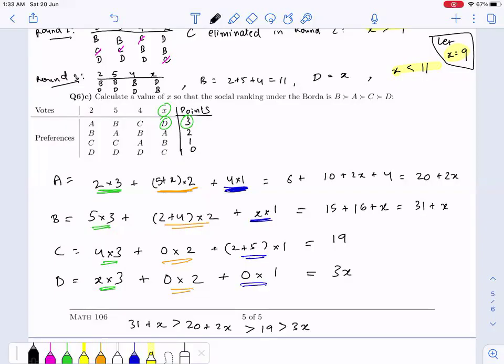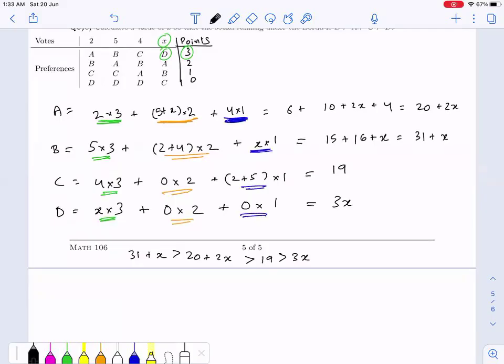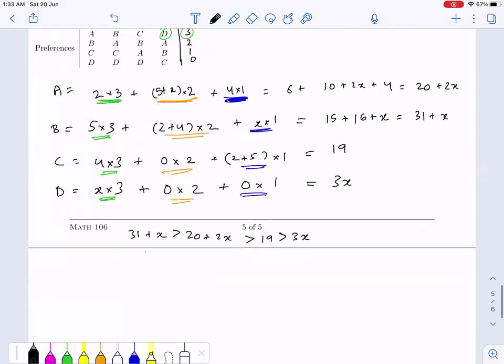Okay. So let's solve these inequalities. Sometimes you can just do a trial and error. But let's do it properly. Let's do this pair of inequality. So 31 plus x bigger than 20 plus 2x. This means that 31 minus 20, which is 11, is bigger than x.